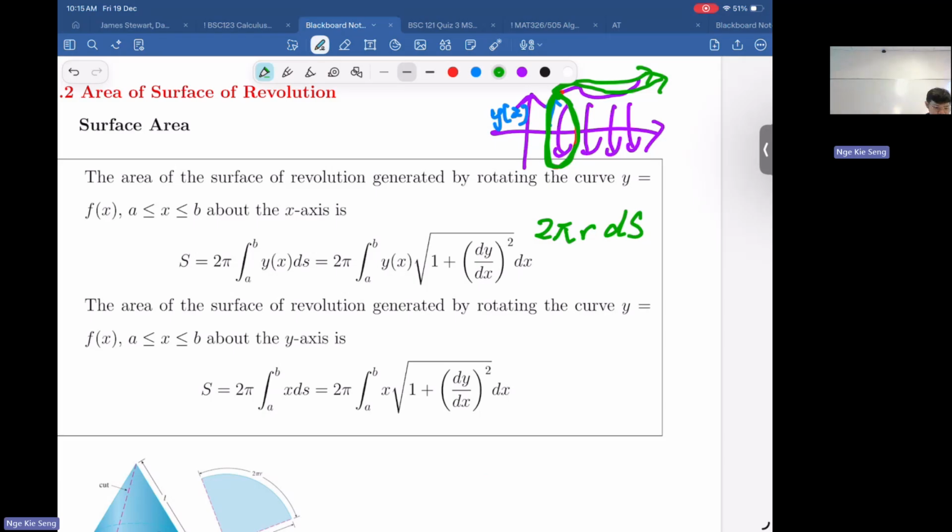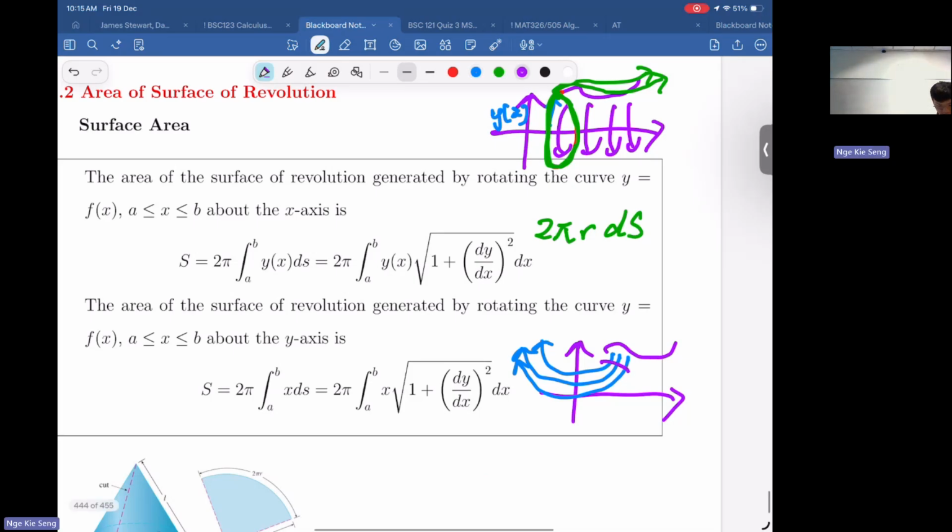your curve is again y equals f(x). Let's say it's the same curve here, but instead you will revolve around the y-axis.